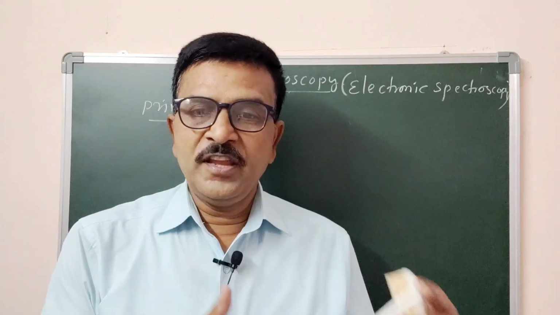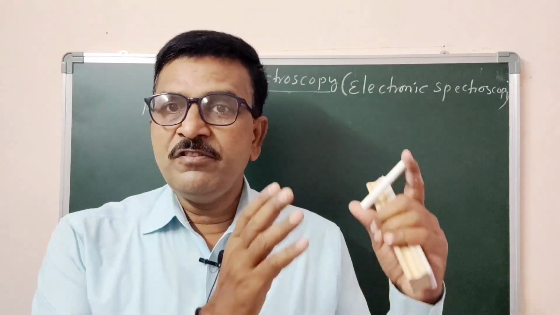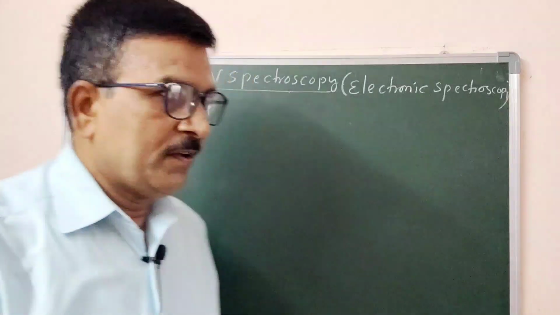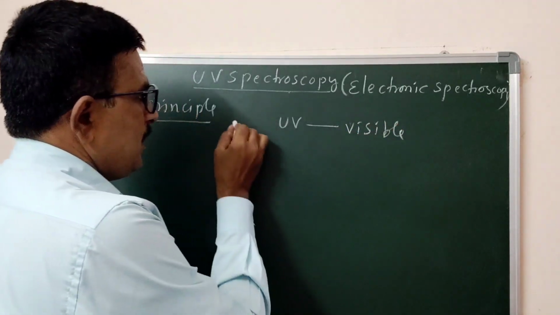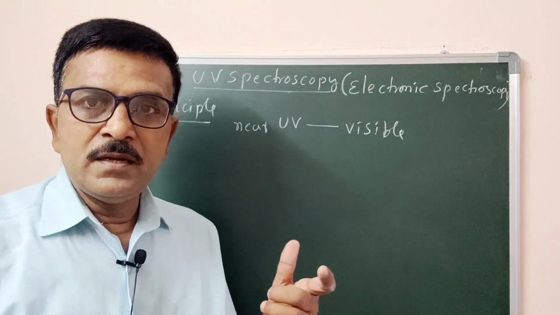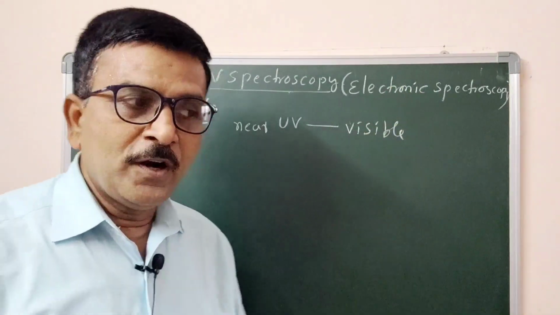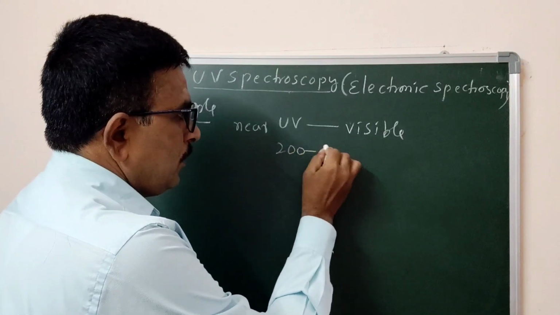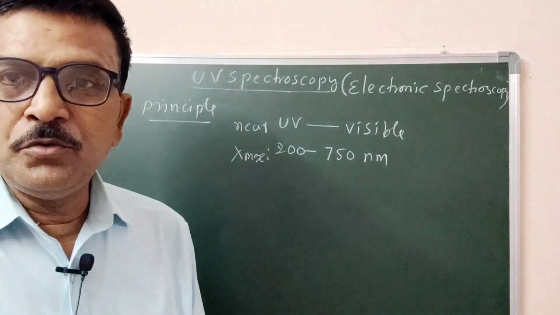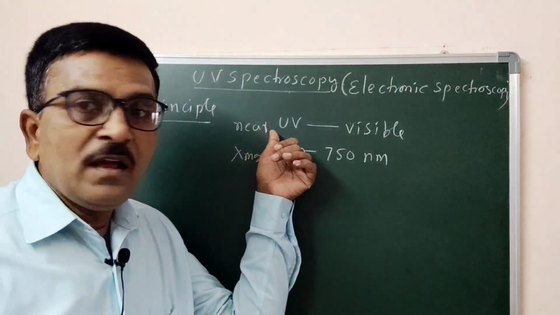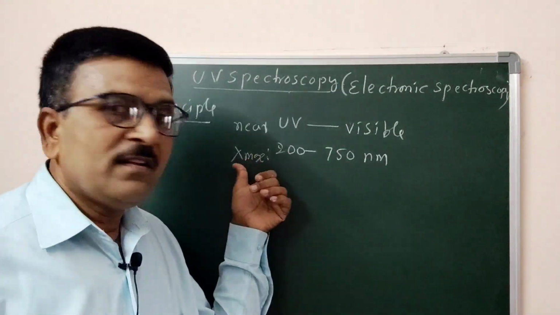The light used in UV spectroscopy belongs to the visible region as well as the near ultraviolet region, corresponding to wavelengths of 200 to 750 nanometers, that is lambda max.